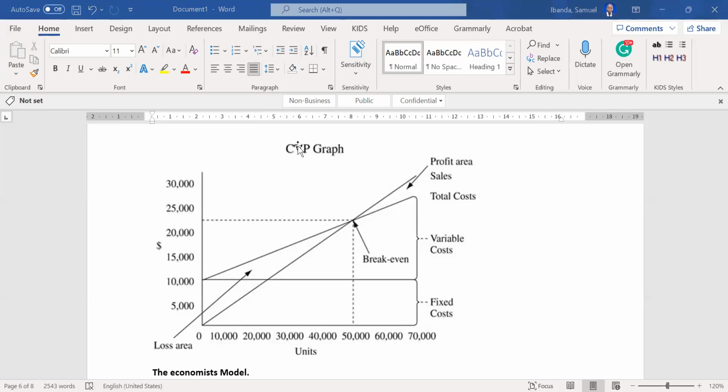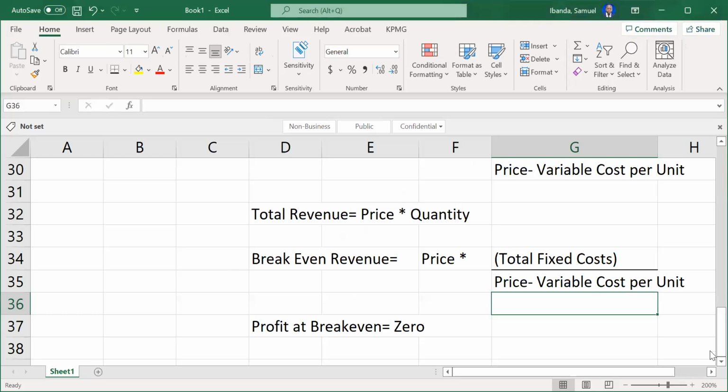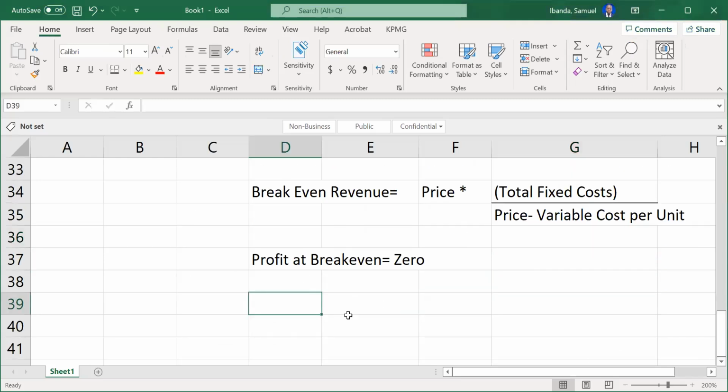Now, one of the things that I also want to share with you is that after we have determined our break-even quantity, as we can see there, there's what we call contribution.